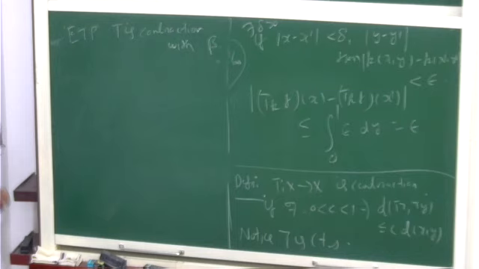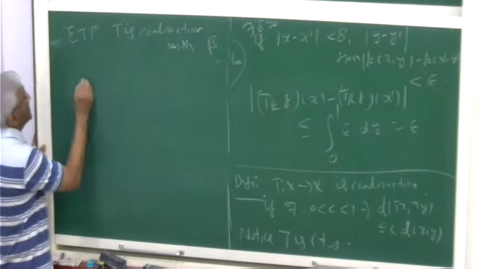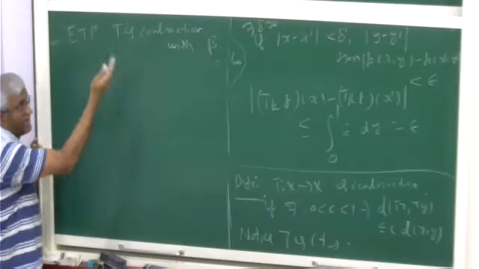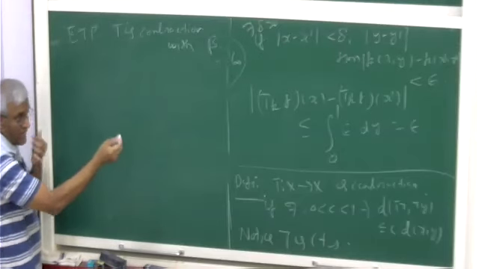Okay, so what do we have to prove? There is a metric in V, which is given by the infinity norm. I will just remind you.